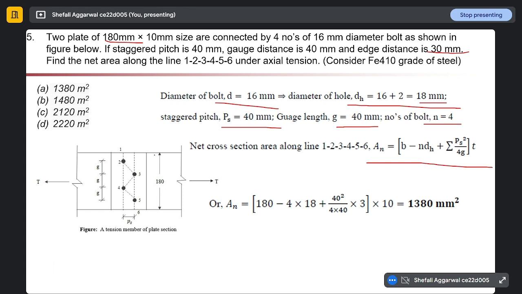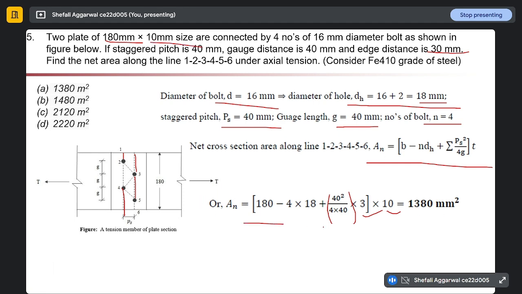So this length minus 4 times our hole diameter, plus p square upon 4g, sigma. So 3 times this is coming, 1, 2, 3. That's why we are multiplying it by 3 times, and into thickness. So thickness of our plate is given as 10 mm.